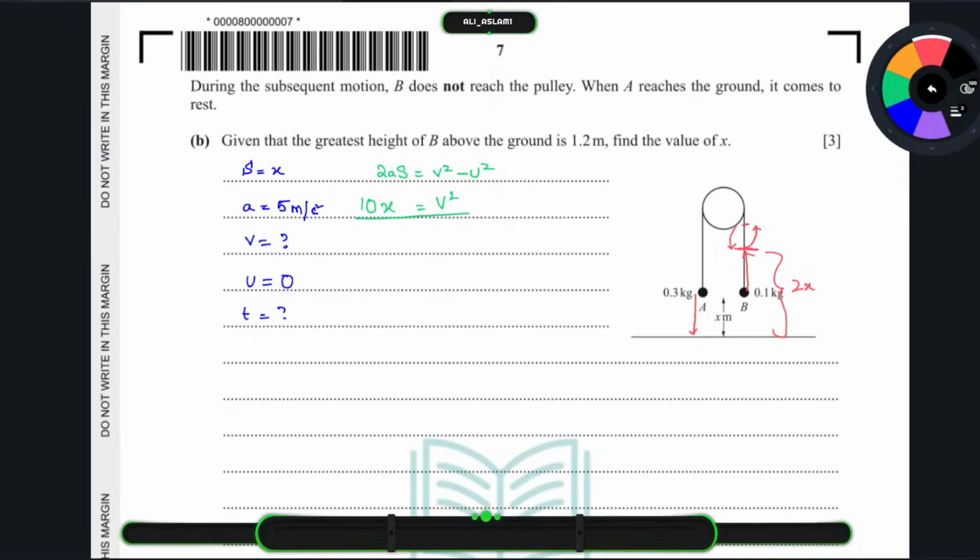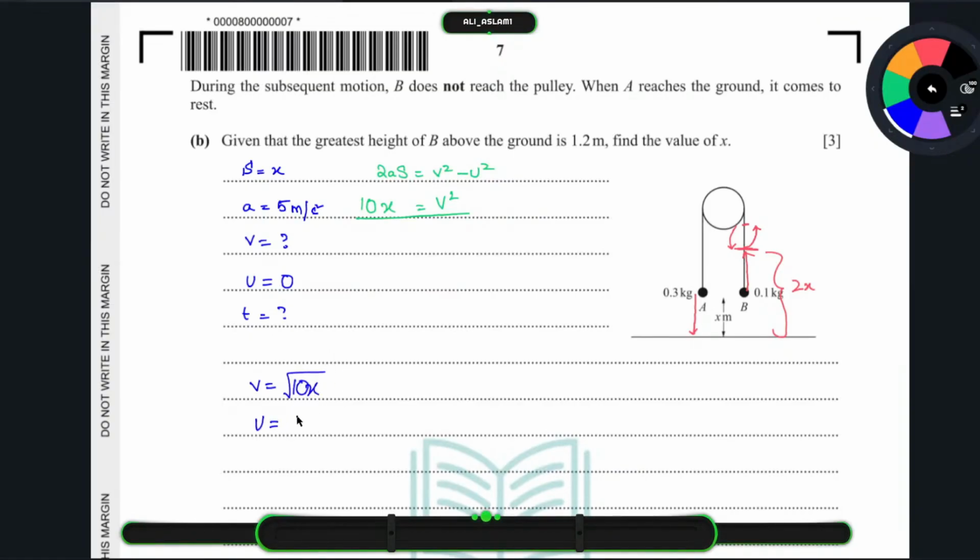Meaning the speed of A at the point it reached the ground would be the same as the speed of B the moment before the wire became slack, because they are both going up and down with the same acceleration and traveling the same distance. So that would become v is 10x root.